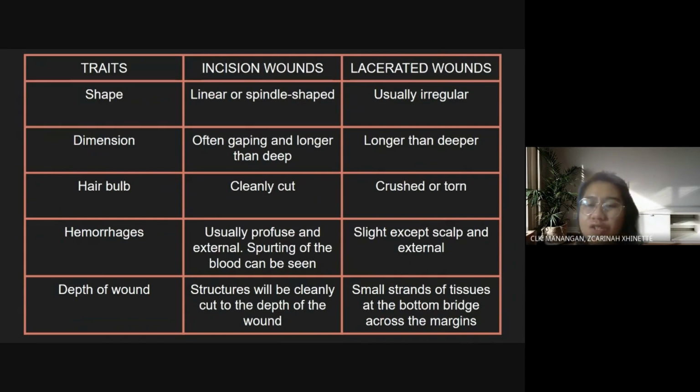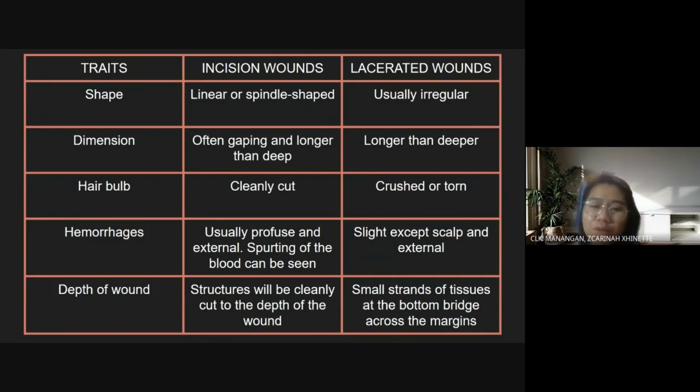For dimension, incision wounds often have gaping and are longer than deep, while lacerated wounds are deeper than long. For the hair bulbs in the skin of the patient, in incision wounds they are cleanly cut, while in lacerated wounds they are crushed or torn.